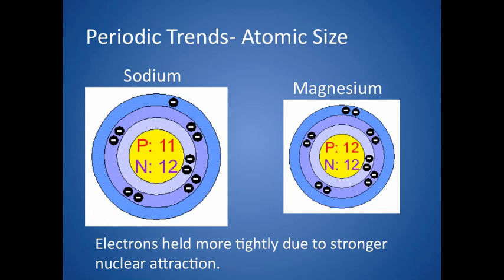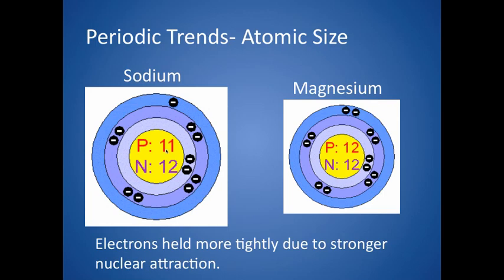There's less, I guess you'd call it shielding. So these electrons are pulled more tightly. They feel more strongly this pull because there's one more proton pulling against the same distance.